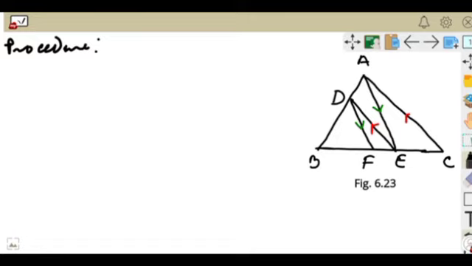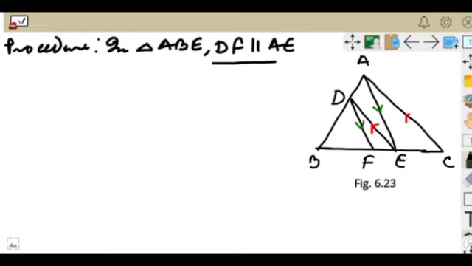First I'll take triangle ABE. In this triangle ABE, we find that DF is parallel to AE. This is given by the question.